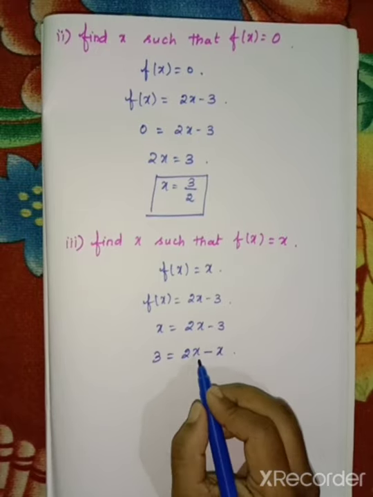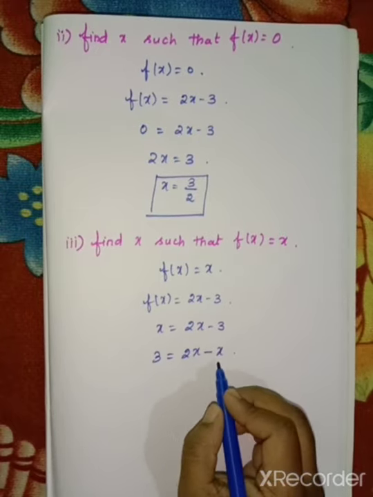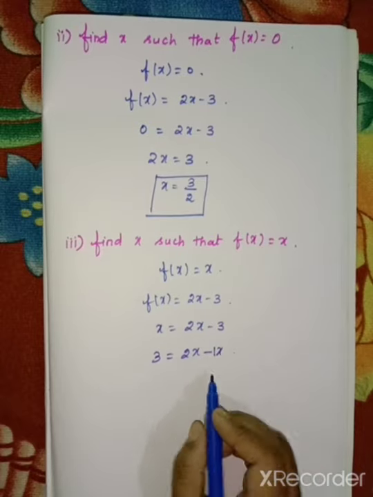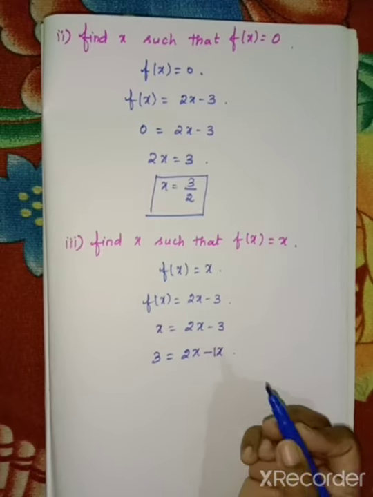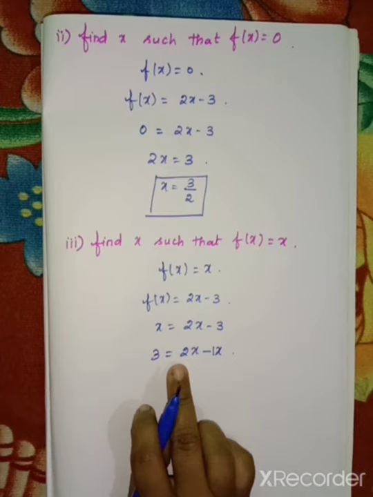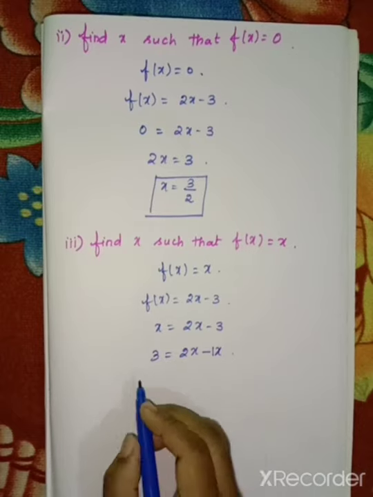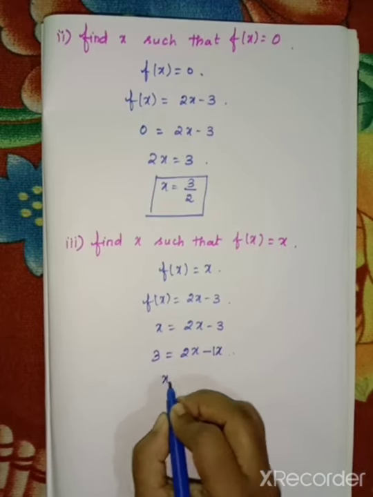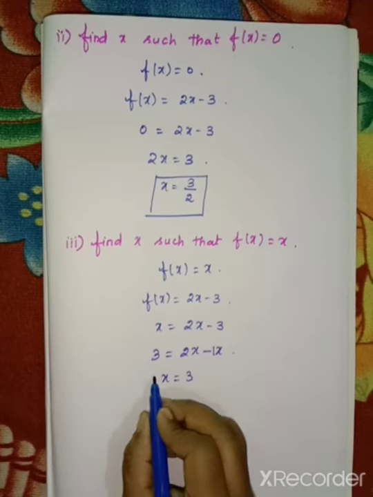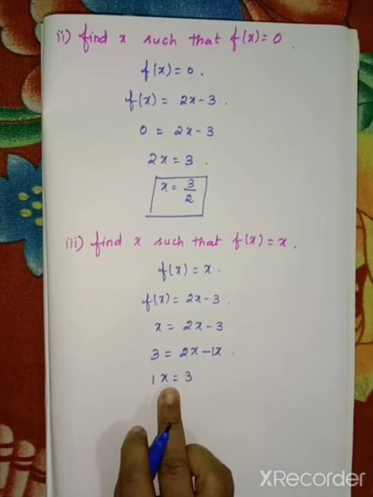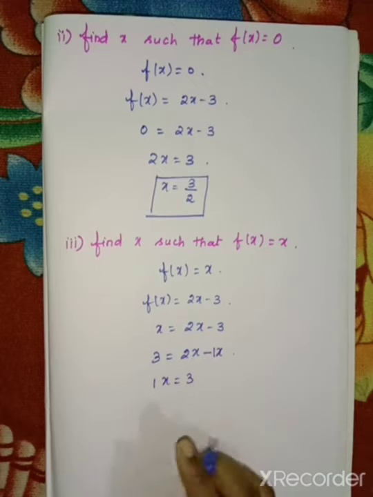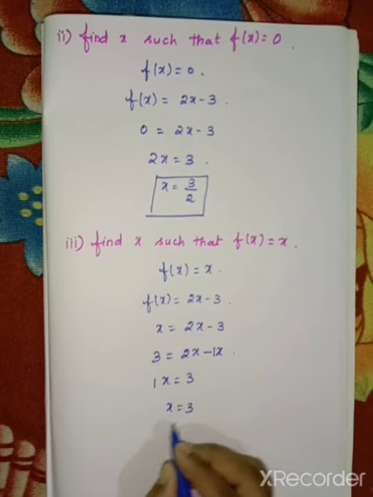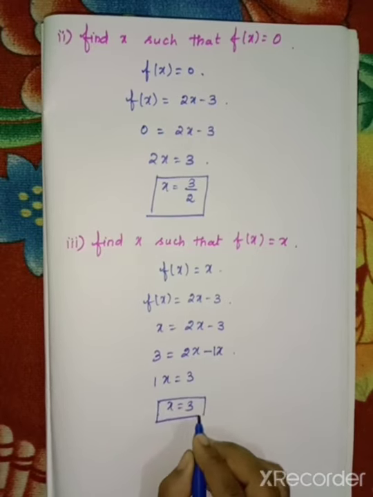Here we have to subtract because both are the same variable, so the coefficient is 1. 2 minus 1 we get 1. 2 is bigger, so positive value. So 1 into x is x, so x equal to 3.